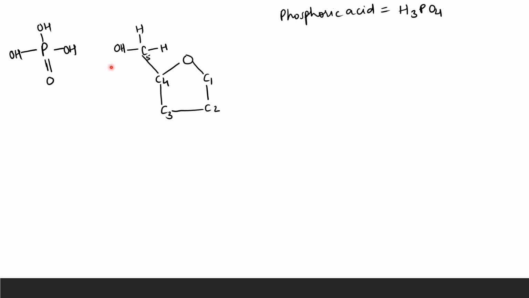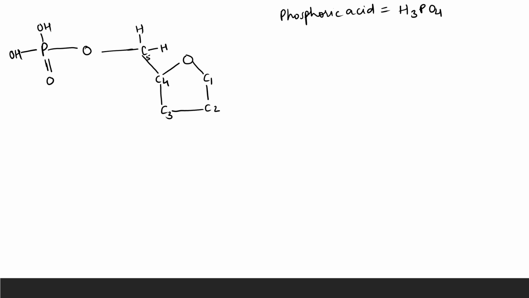So let's do it. This OH will go, and from this acid H will go, right? And this OH will go, and from this only H will go, and the full bond will be formed, right? So now let's do the esterification, and only O will be left, and this is the bond which is formed in this, right?